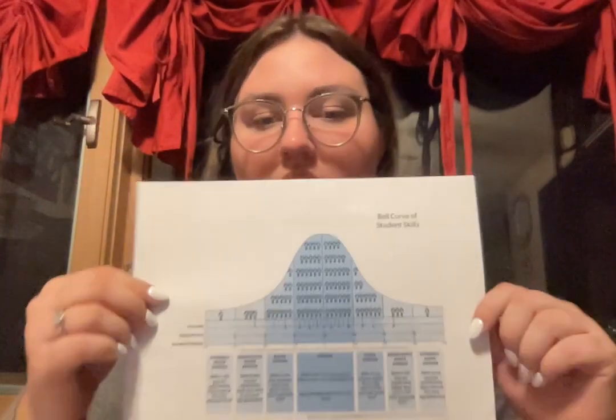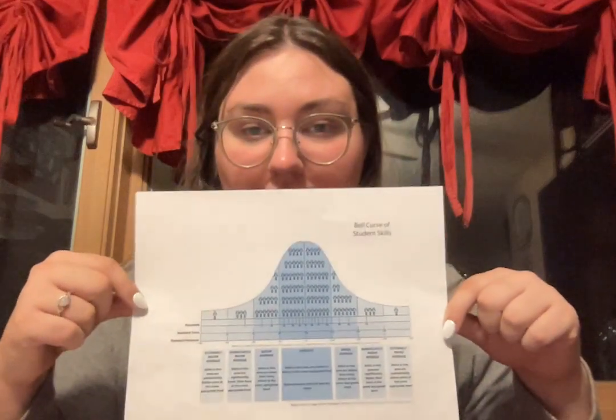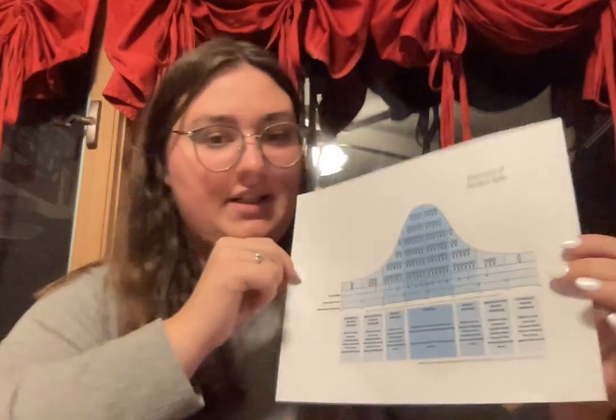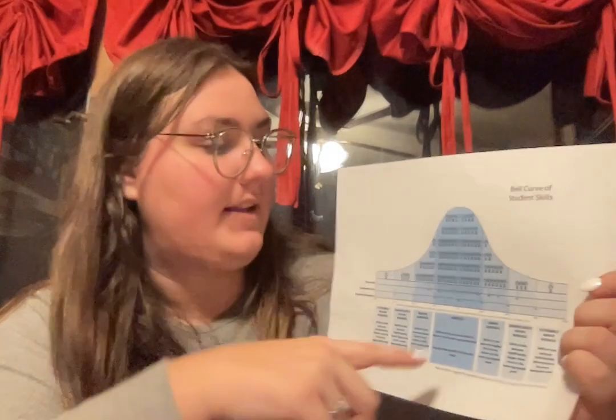So, these are the scores that we have, and I'll give you a copy of the scores so that you can see. And the way we take these scores is by placing them on this bell curve. So I'll just explain this really quickly.